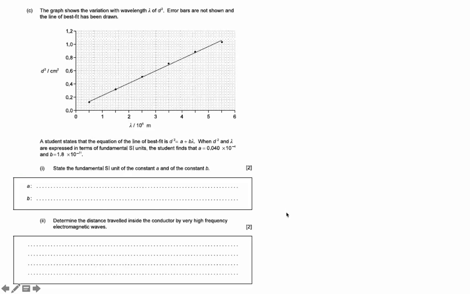Oh yeah, there we go, this same question here. Okay, so d squared is equal to a plus b times lambda, right? As lambda gets really small, d squared is going to equal a, right? So if d squared equals 0.04 times 10 to the minus 4, what does D equal?